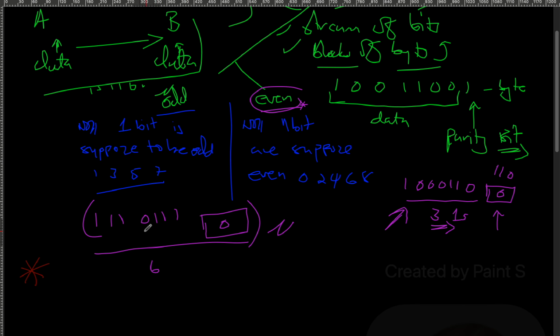But imagine what if this 0 decided to switch positions with this 1, such that the data received is now 1 1 1 1 0 1 1 0. In this scenario, if B counts the number of ones here, B is still going to see the number of ones as 6. You see that?